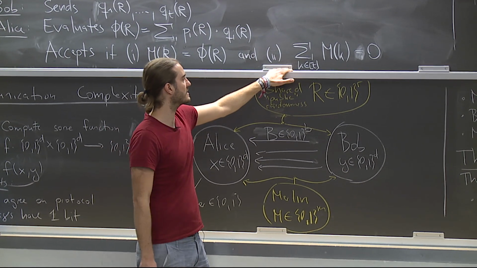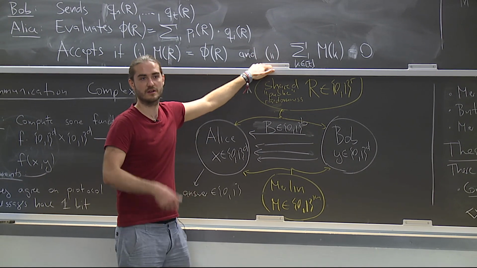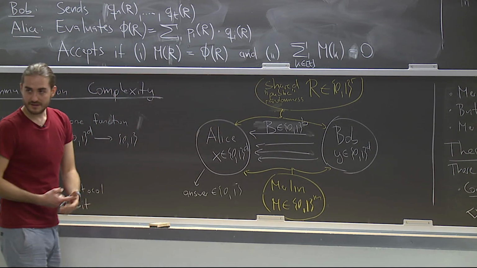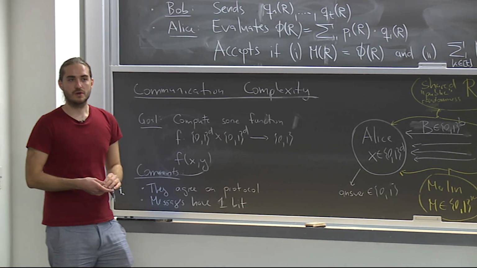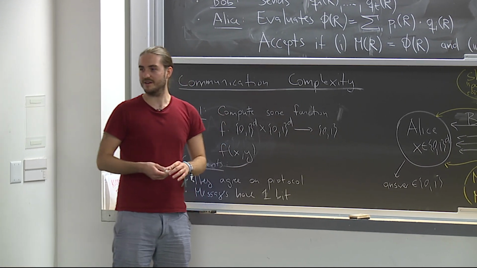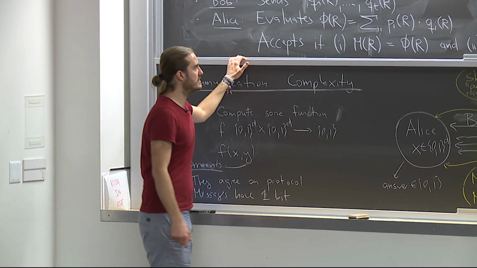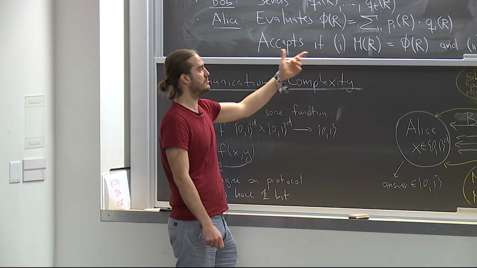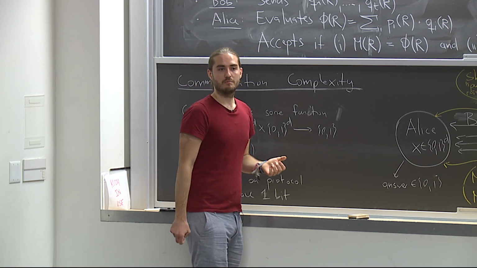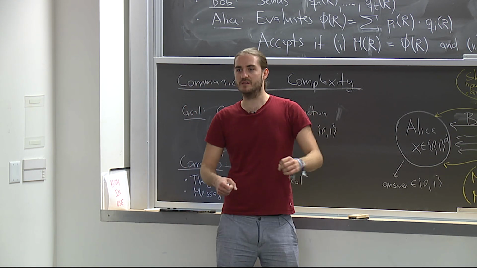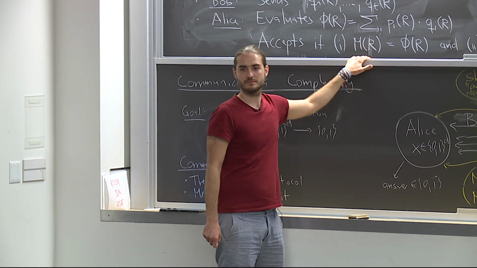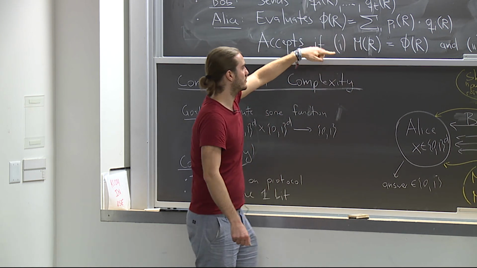So really the second check is to say that we trust Merlin and he's going to give us an actual answer to the communication question. But at the same time, we have to make sure that Merlin is not cheating. So we have to be able to verify whether Merlin is talking nonsense. For that, maybe we cannot completely verify whether the polynomial phi matches whatever Alice and Bob want to communicate, but we can randomly verify. We just evaluate at a random point and test whether at that particular point Merlin was cheating. What we're doing here is also called polynomial identity testing.